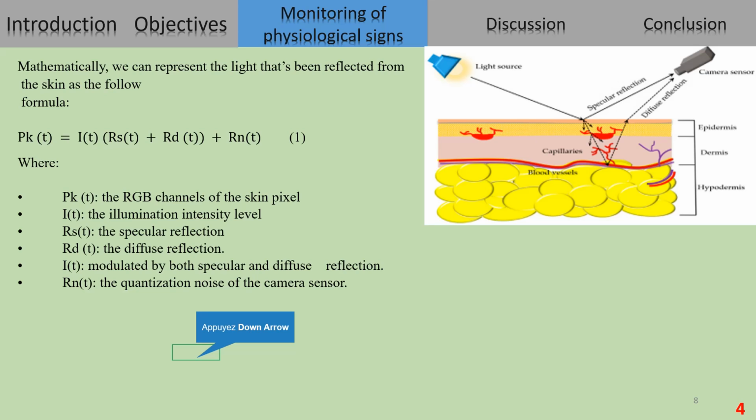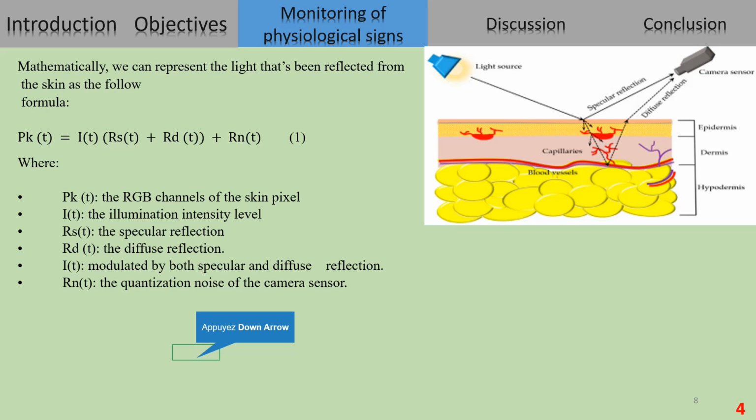As you see in the picture, we have a light source that delivers light to the skin, and we have the camera sensor that collects the change of the skin color.